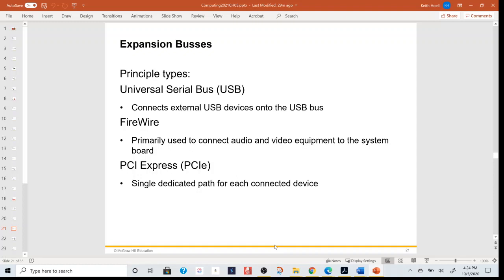It allows data to be saved to, or loaded into, the computer. There are other types of buses you may have heard of. FireWire is a type of bus used primarily by Apple devices. And you may have heard of PCI Express, another type of bus that is used for certain devices.